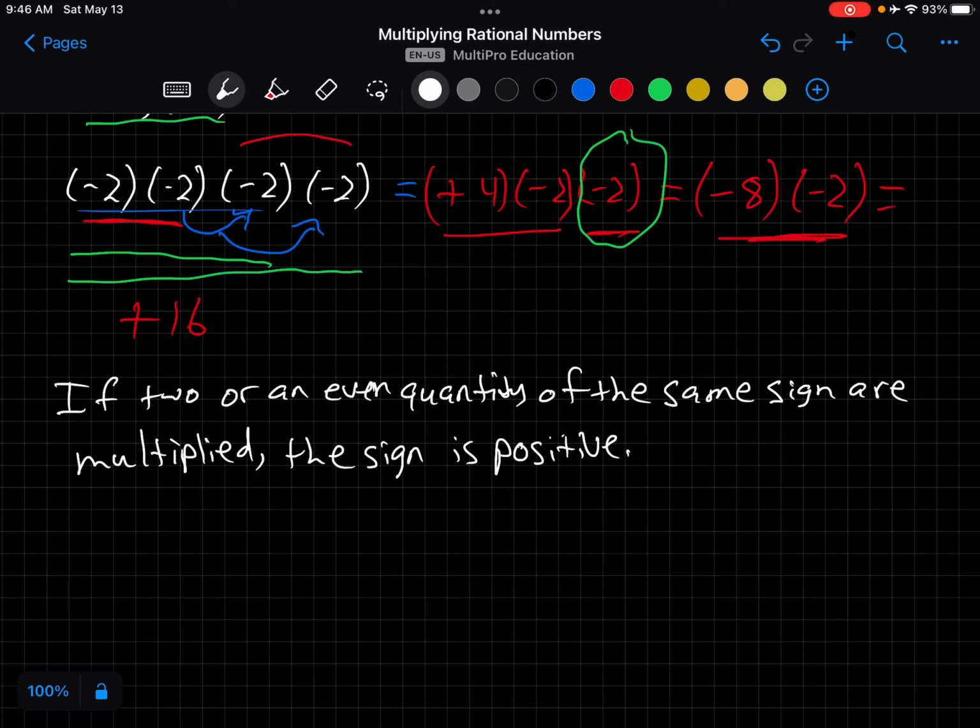is positive. Okay, and let's look at the other case for an odd quantity.